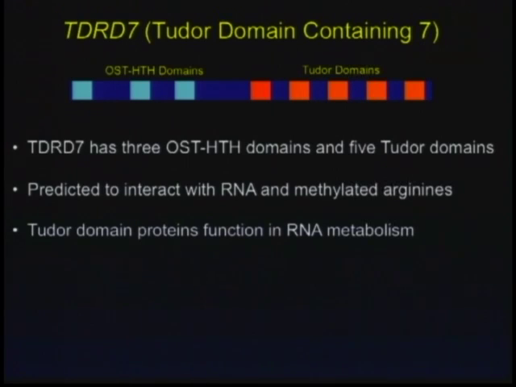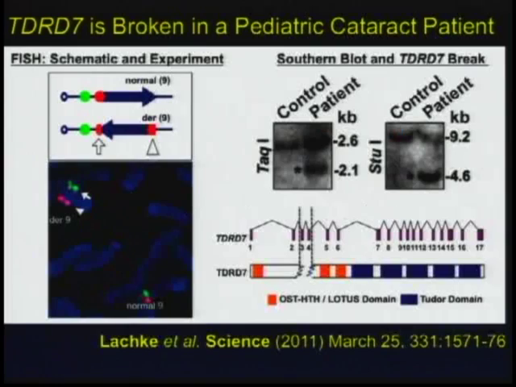These are predicted to bind RNA, while it gets its name from these 5 Tudor domains at the N-terminal, which are predicted to bind methylated arginines. And in all contexts that Tudor domain proteins have been found to date, they have been implicated in some aspect of RNA metabolism.